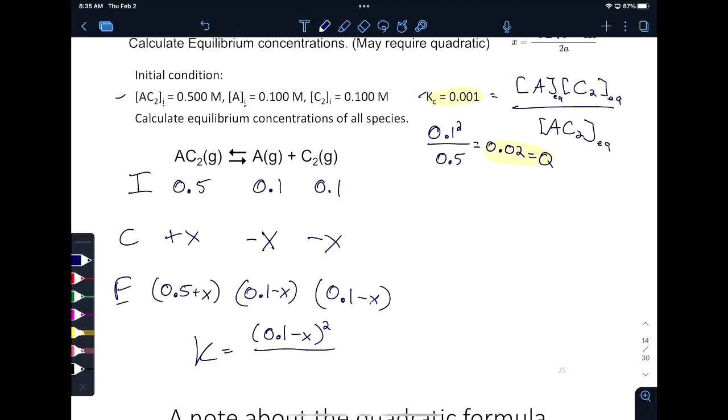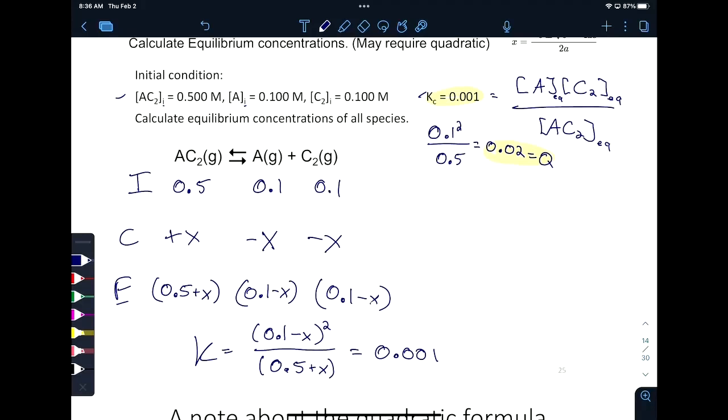And then on the bottom, we have 0.5 plus X. And because in this question I give you K, this is equal to 0.001. Great. Can we solve for X? Can we solve this expression? Yeah, there's one variable, one equation.